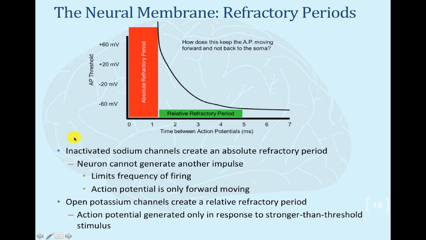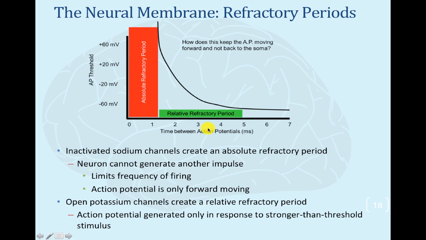And basically during the absolute refractory period, the sodium channels aren't active, so they cannot open no matter what. During the relative refractory period, the sodium channels are back online, but potassium channels stay open, meaning that the neuron can't get charged up again very easily.